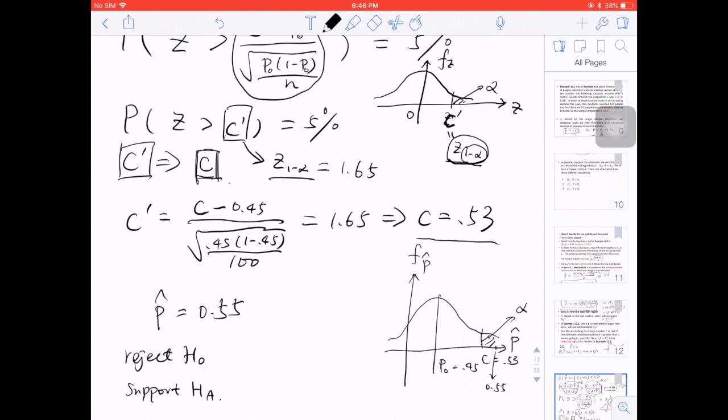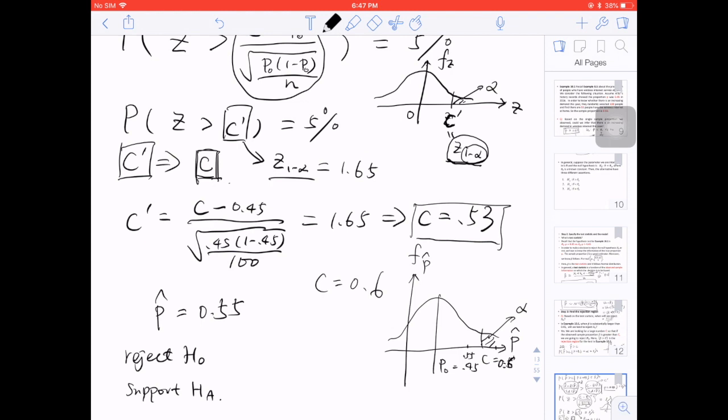What if my c is not equal to 0.53? For the sake of this problem, I'm going to set c equal to 0.6. My observed sample proportion is equal to 0.55, so it does not fall into this rejection region.